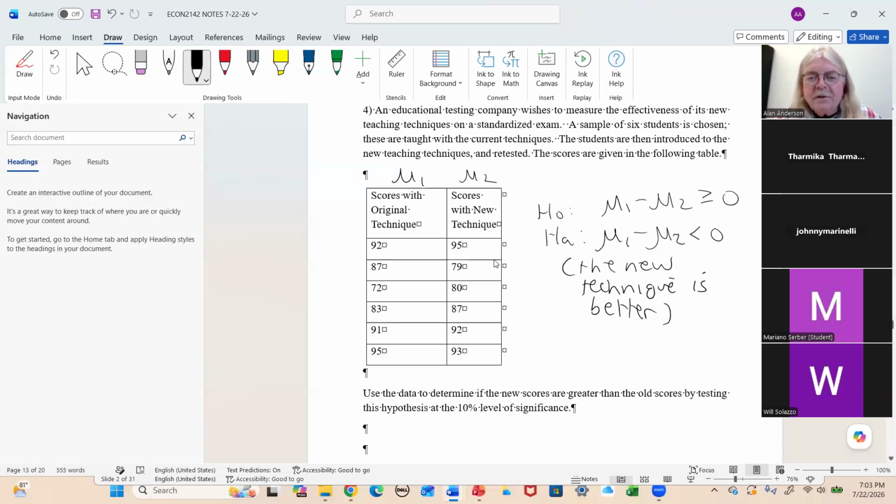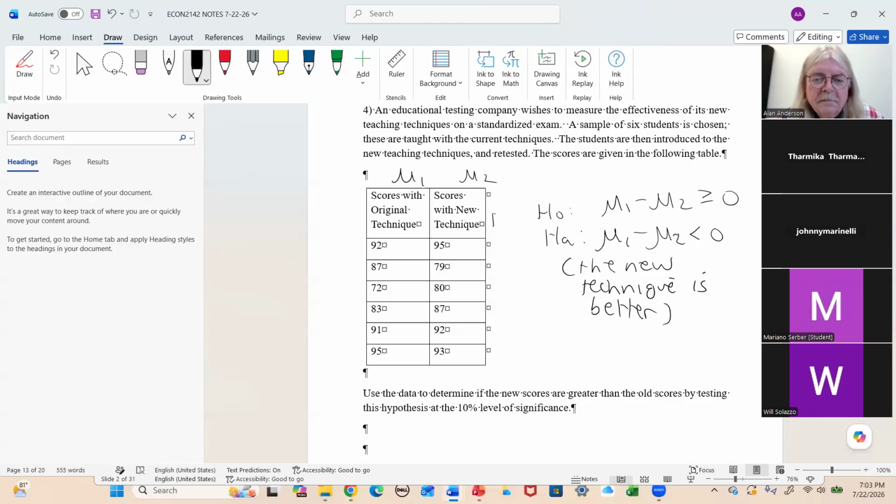So now here's something else we should probably do. First things first, make a new column for the differences, because that's ultimately what we're after. So it's the first minus the second: minus 3, positive 8, minus 8, minus 4, minus 1. Those are the differences, and those are what we're going to use to come up with our test statistic.